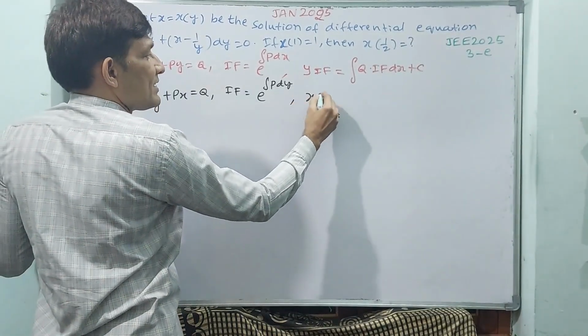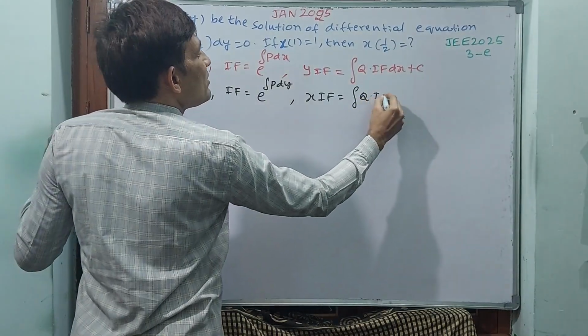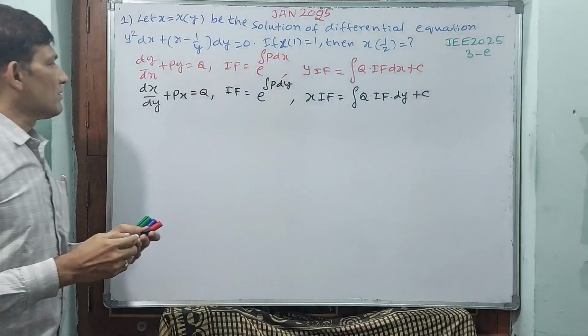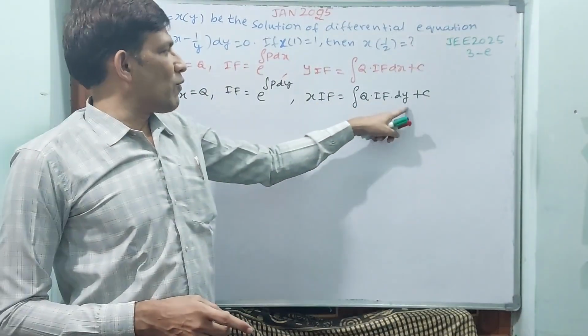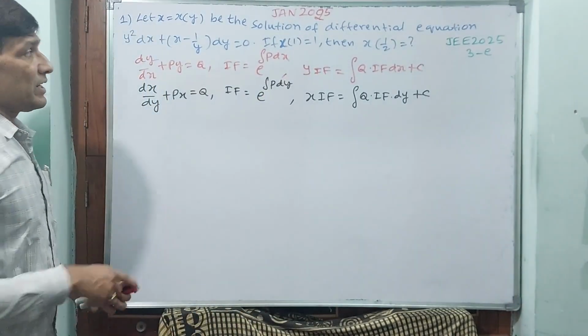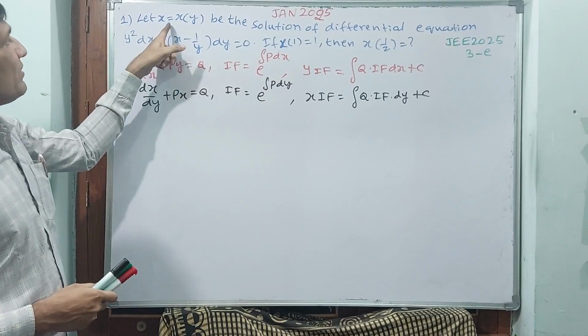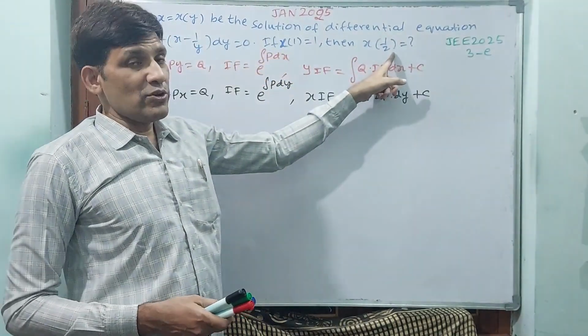Earlier y, now x into integral factor is equal to integral of q into integral factor into dy plus c. With respect to y we are doing integration. Now we are bringing this with respect to y because they have given the hint x is equal to x of y, x of 1 is equal to 1, and x of 1 by 2 is how much?